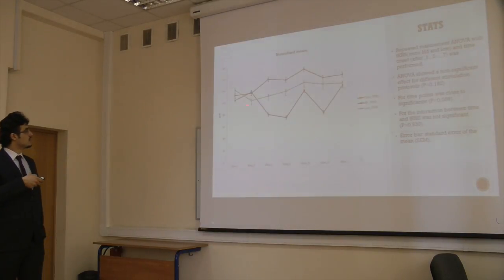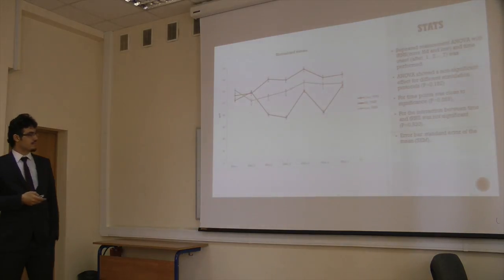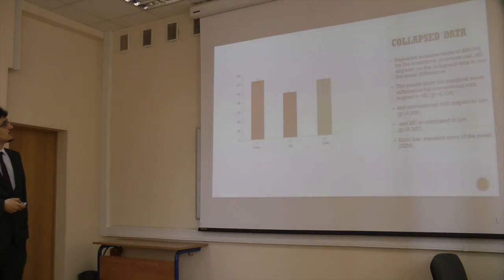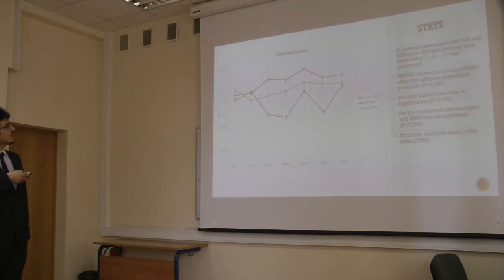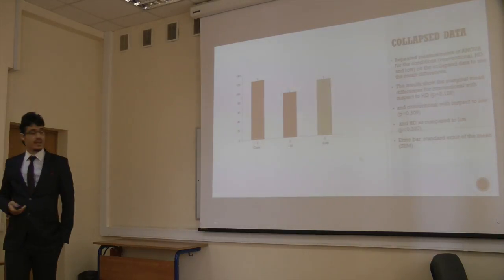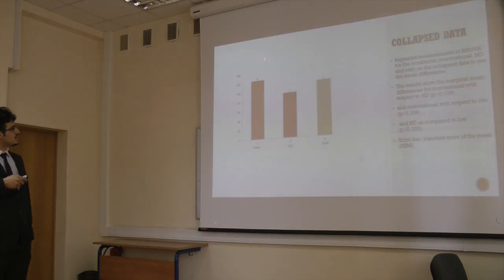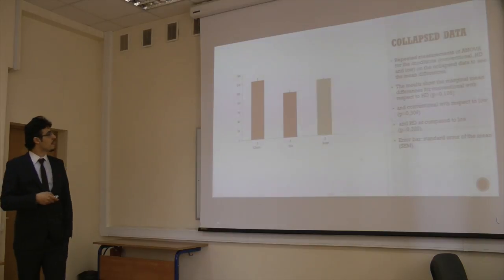So this is our control condition, and for HD we have up to 30% inhibition. We also collapsed all the data, for example for conventional, to see the total effect. And here the total effect also confirms that there is increased excitability for conventional, but decreased excitability for HD.